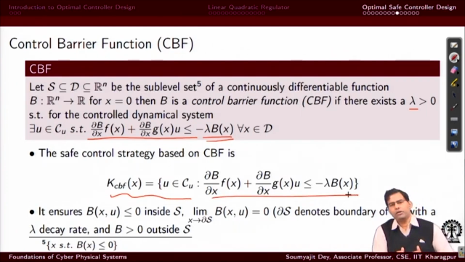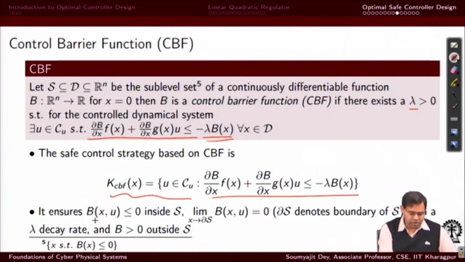So that I am able to smoothly control the value of the barrier function and keep it inside the safety region. This ensures that this is negative inside S, and in the limiting condition when I approach the boundary, this becomes 0 with this decay rate, right, and outside it is definitely positive.